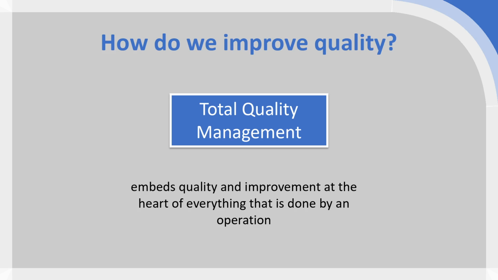So when we approach quality improvement, it is done so with the understanding that there should be buy-in by all parts, all levels of staff, and we should really place quality and an understanding of quality at the heart of every activity that the organization carries out.